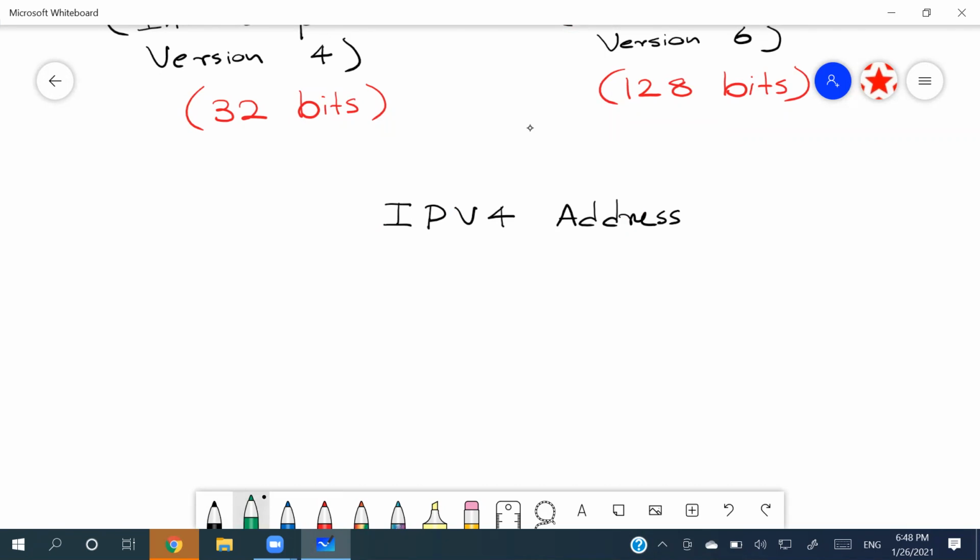We call this the dotted decimal format. So it is like this: 192.168.35.42. People, just a second.